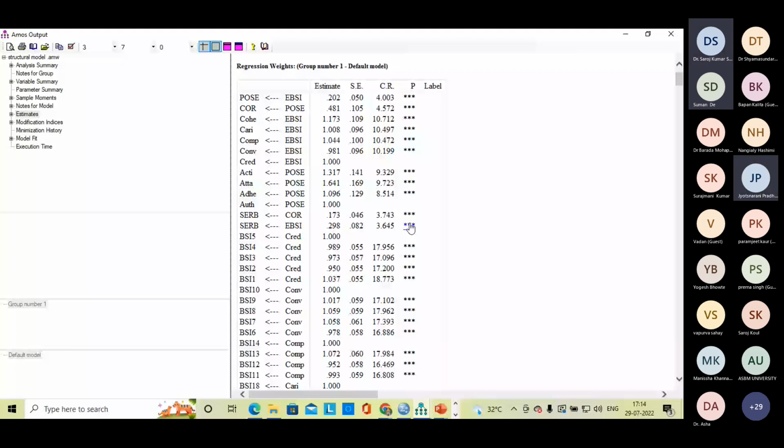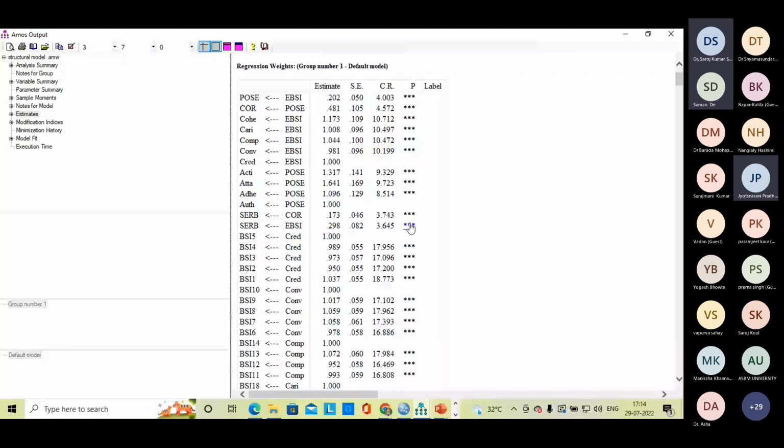So mostly in structural equation modeling, we take 1% or 5%. 1% is extremely good. Even 5% level of significance is acceptable.